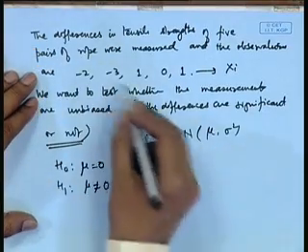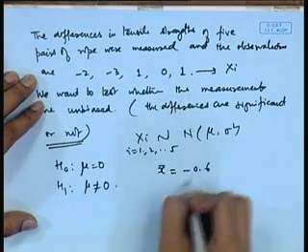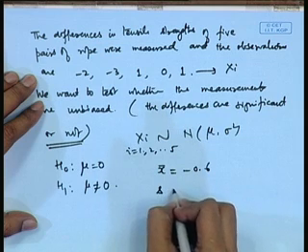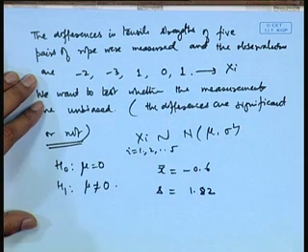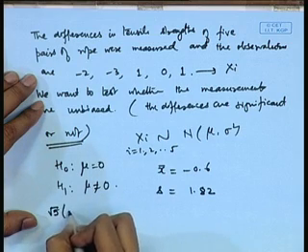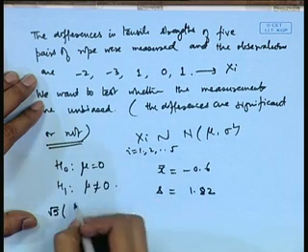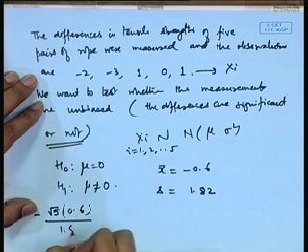Now, you see we need to calculate the mean etc. So, x bar is equal to minus 0.6 here, say standard deviation turns out to be 1.82. So, we need to look at root 5. Since I am taking mu is equal to 0, then the test statistic is about minus 0.6 divided by 1.82.